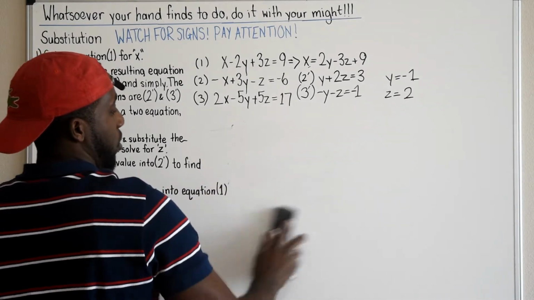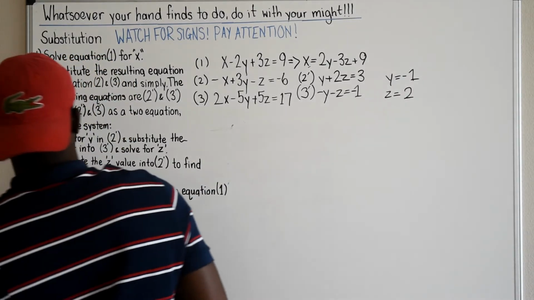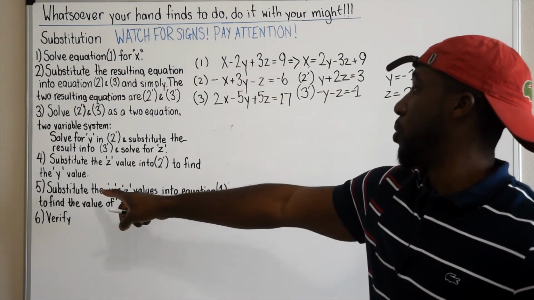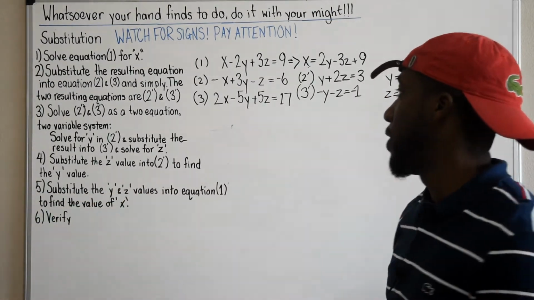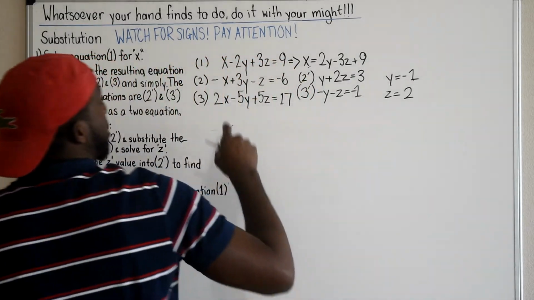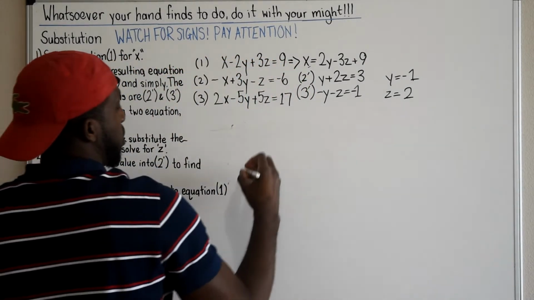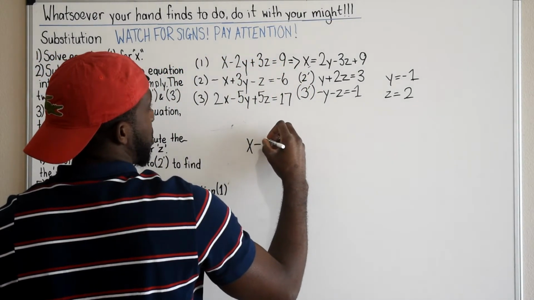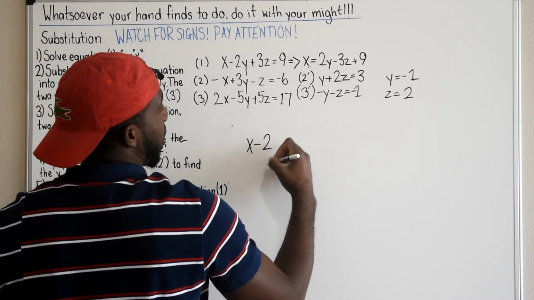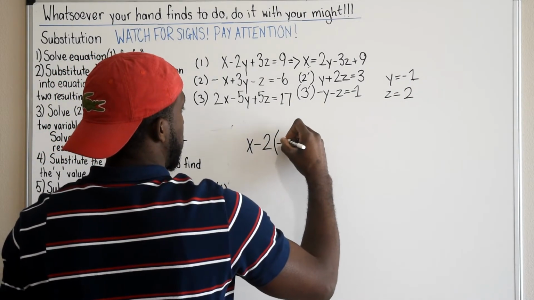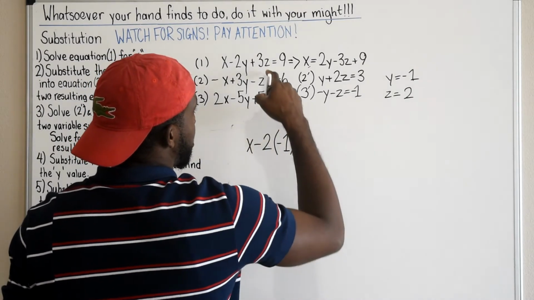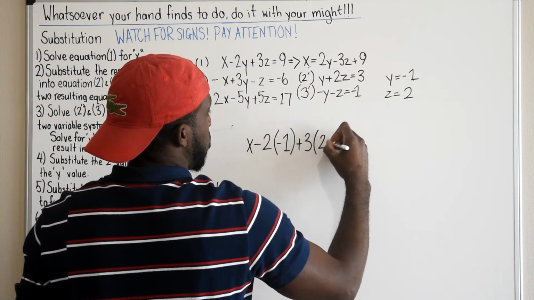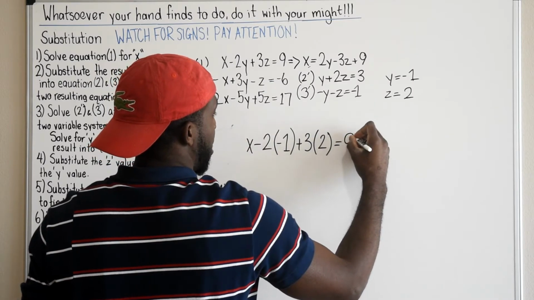So now we're pretty much home free. Now we substitute the y and the z values into equation 1 and find the value of x. This is equation 1 right here. So I have x minus 2y. What is y? Y is negative 1 plus 3z. What is z? Z is 2 equals 9.